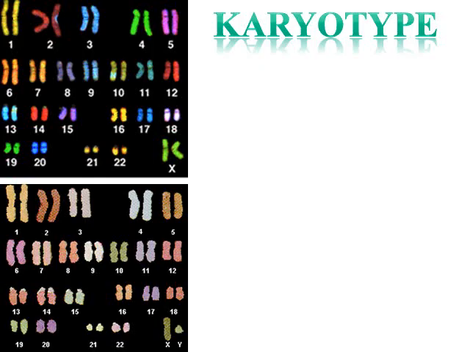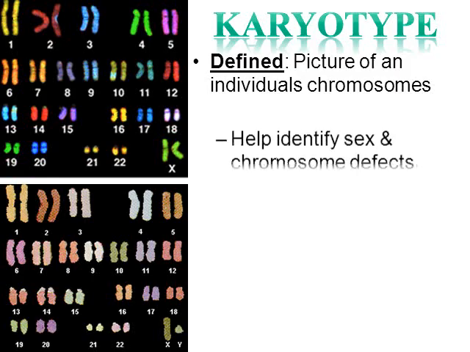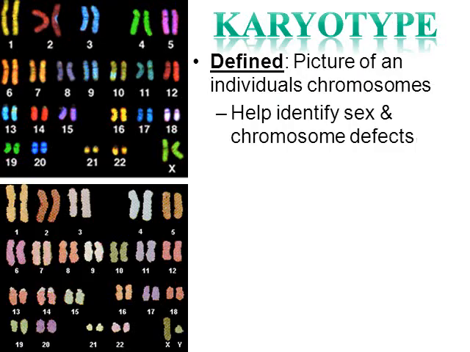When we see pictures like this, these are two pictures of what is called a karyotype, which is a picture of a bunch of chromosomes. A karyotype is a picture of an individual's chromosomes that they possess inside of their cells. The reason we might want a picture of a person's chromosomes is that it helps to identify the gender of a person, but more importantly, it helps to identify if a person has any chromosome defects.